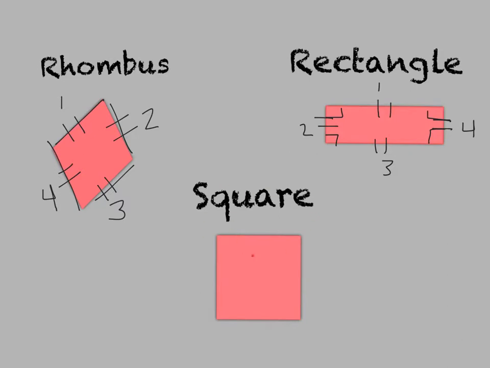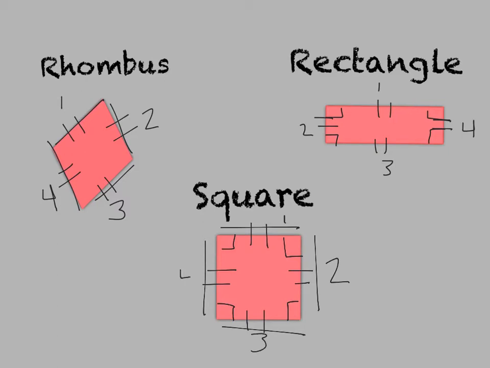Now, the square down here is defined as having 4 right angles and 4 congruent sides. So these sides are all the same amount. It is also a parallelogram because it has opposite sides that are congruent and parallel. And it is also a quadrilateral because of its 4 sides.